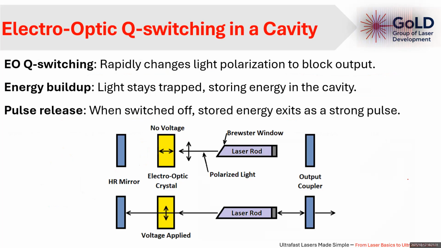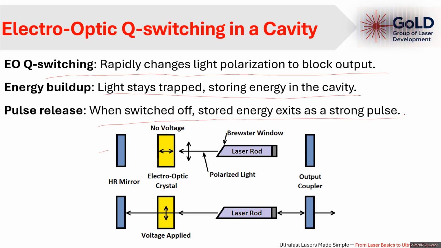Okay, so the same thing is explained here. If you see that, here, rapidly changing the light polarization to block output. Okay, and light stays trapped, storing energy in the cavity. Okay, and when the switch is off, stored energy exits as a strong pulse.